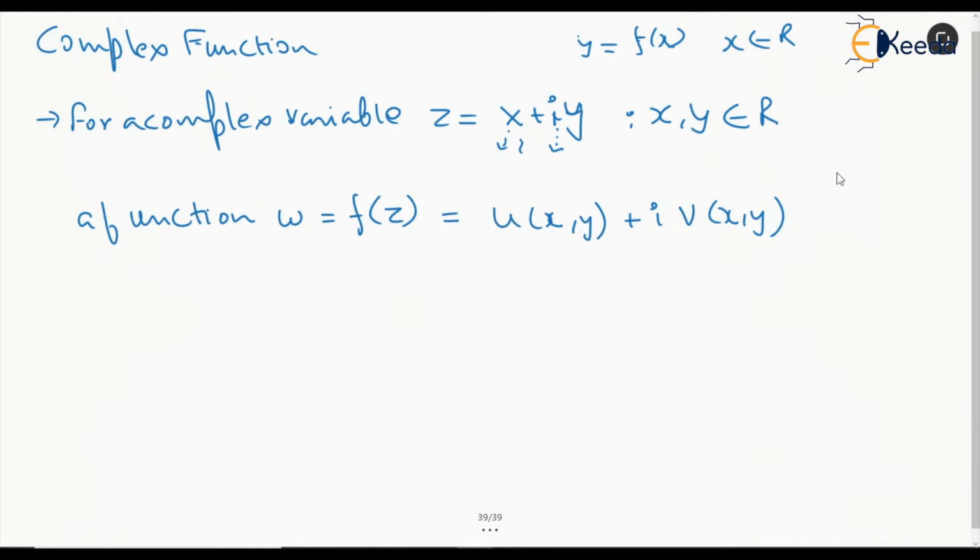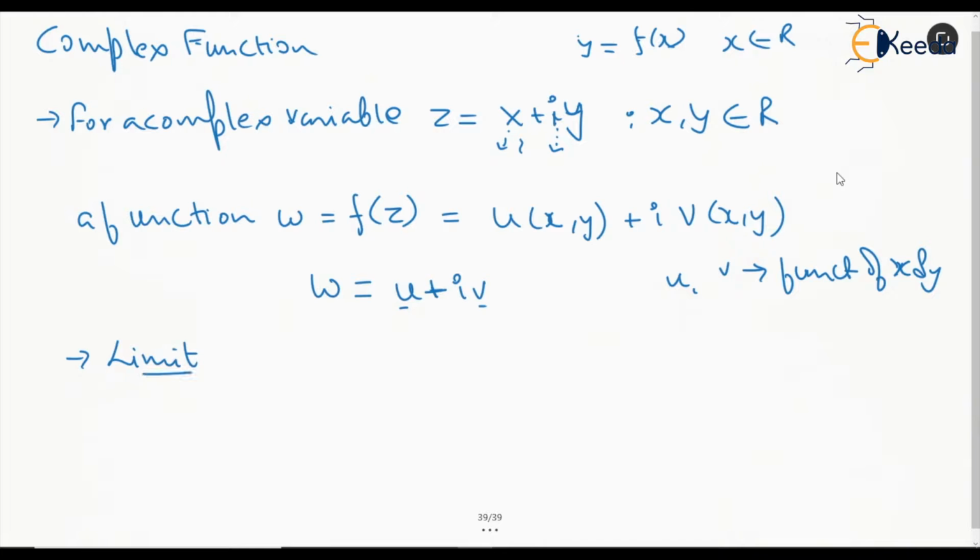So this function w can be given as u plus iv, where u and v are going to be functions of x and y, right? So now this will be the real part and this will be the imaginary part of the complex variable function.